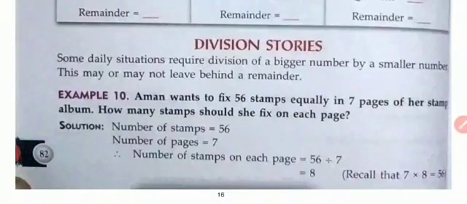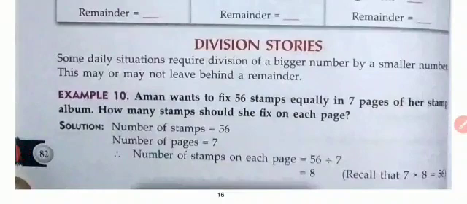How many stamps should she fix on each page? So the question is that Aman wants to fix 56 stamps equally in 7 pages, and how many stamps should she fix on each page.